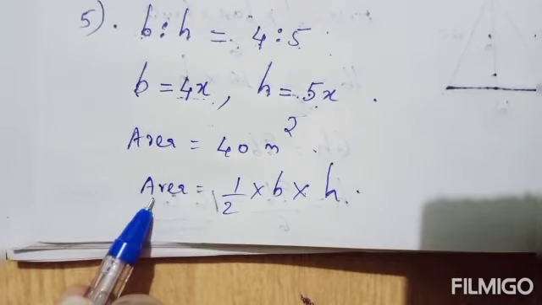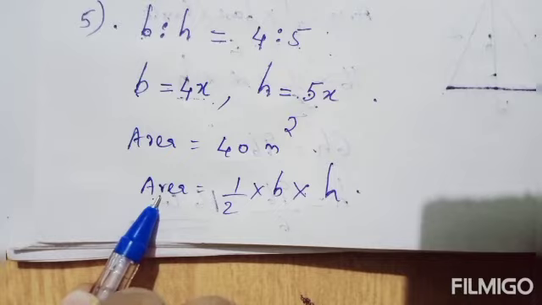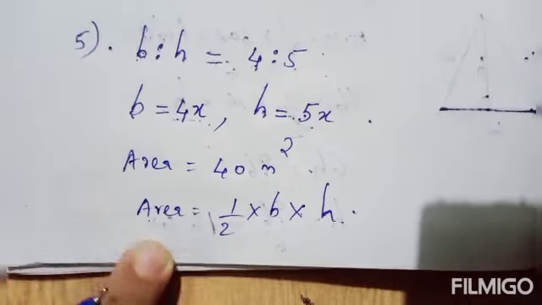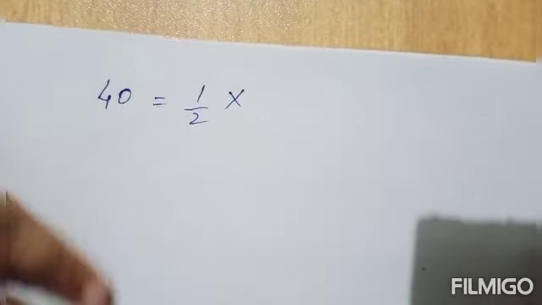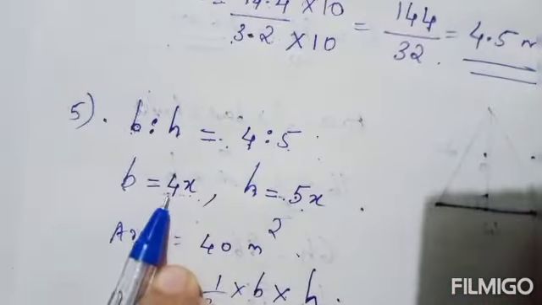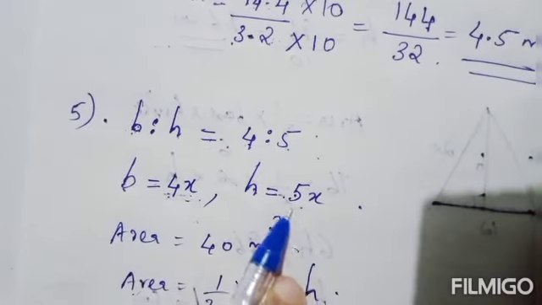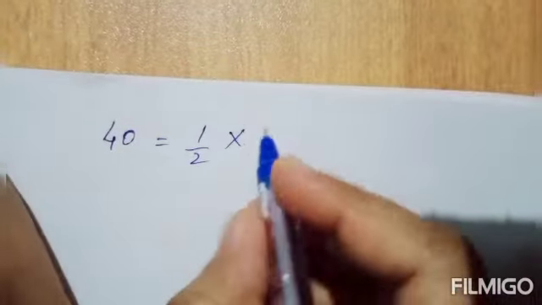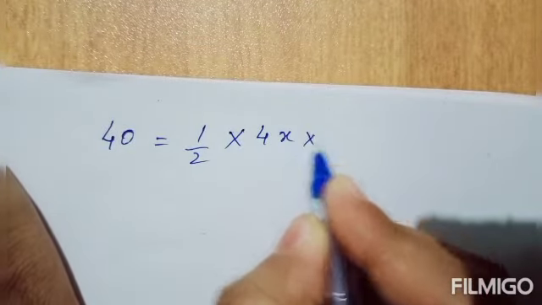Now the area is given as 40 meter square, so 40 equal to half into base and height. How do we take the base and height? Base is 4x, height is 5x. So half into 4x into 5x.